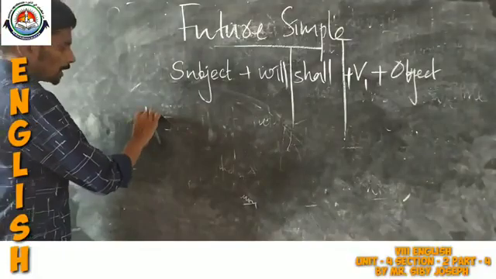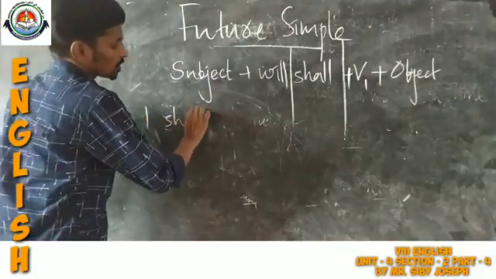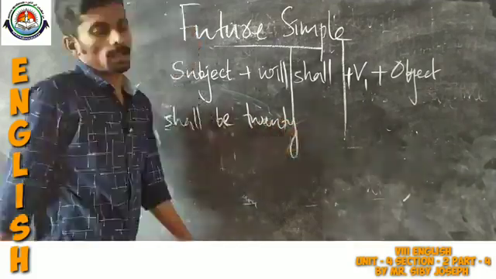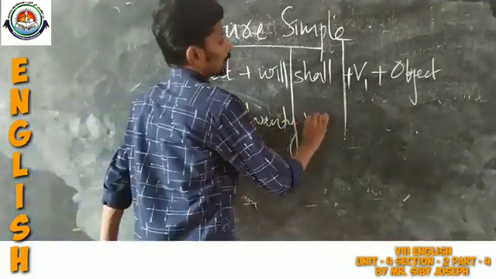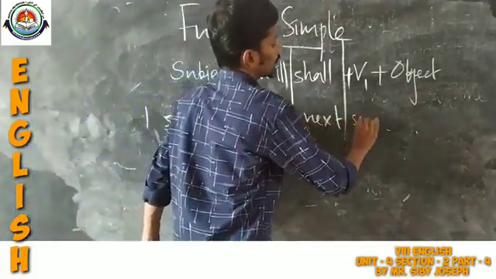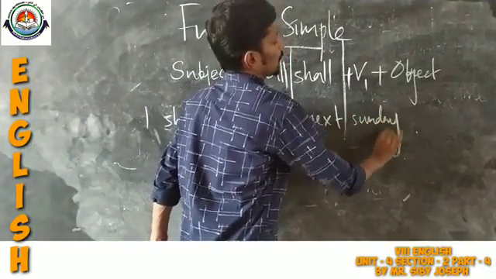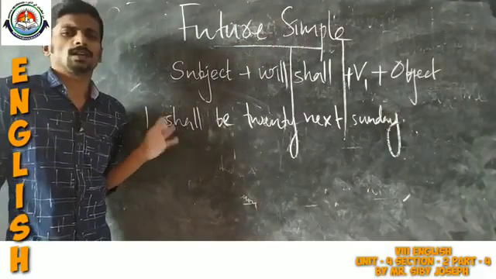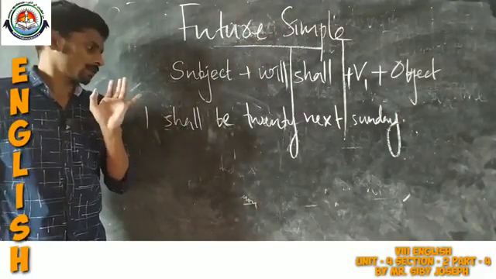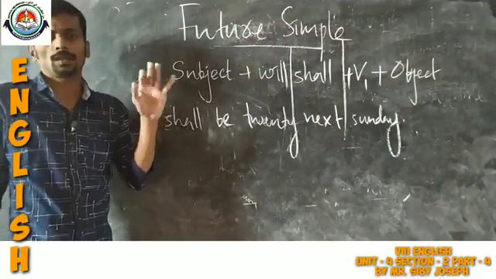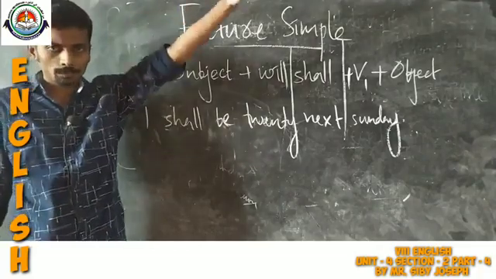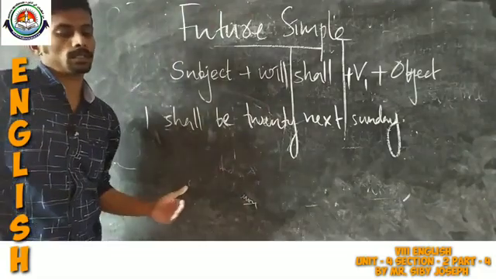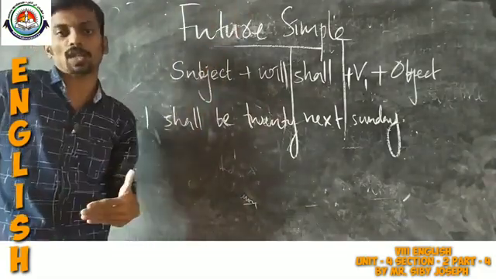Look at the first example: I shall be 20 next Sunday. This is completely related with something that is going to happen in future time.